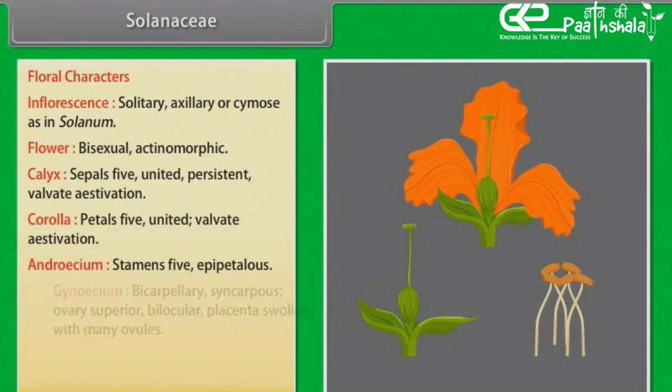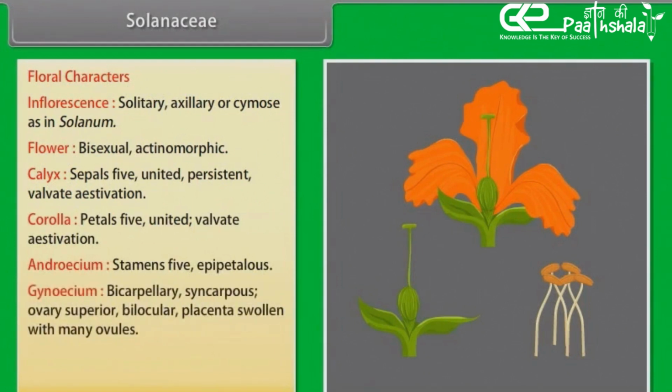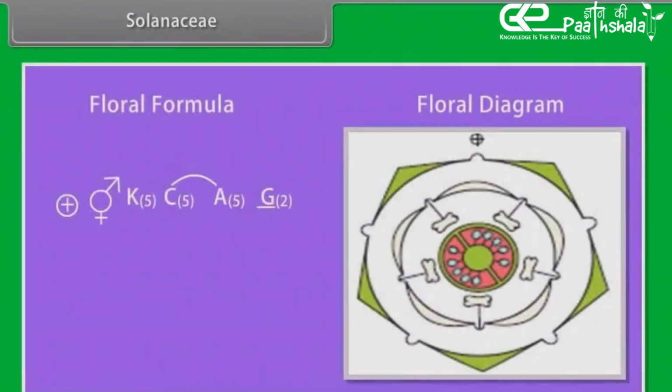Gynoecium, bicarpellary, syncarpous, ovary superior, bilocular, placenta swollen with many ovules. Fruit, berry or capsule. Seeds, many, endospermous. Floral formula is shown, and this is the floral diagram.